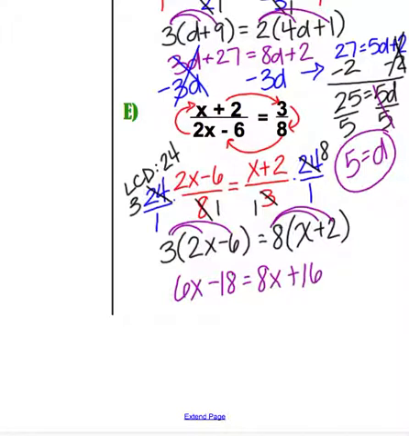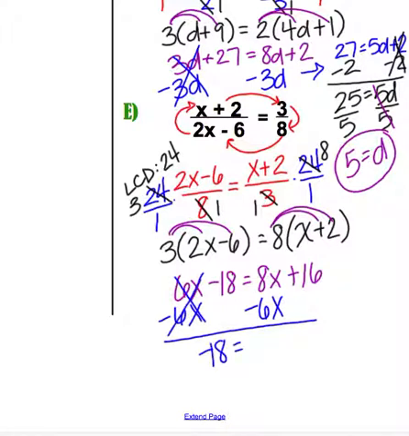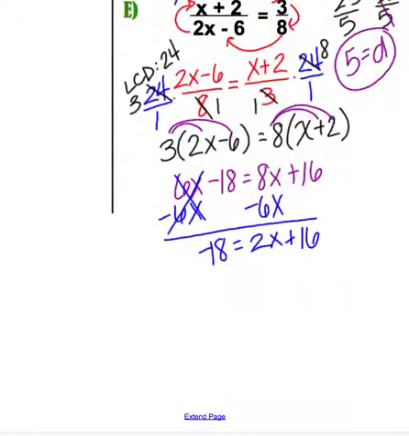Then I can go ahead and subtract 6x from both sides. Canceling out here, leaving me with negative 18. 8x minus 6x is 2x plus 16. Then I can go ahead and subtract 16 on both sides.